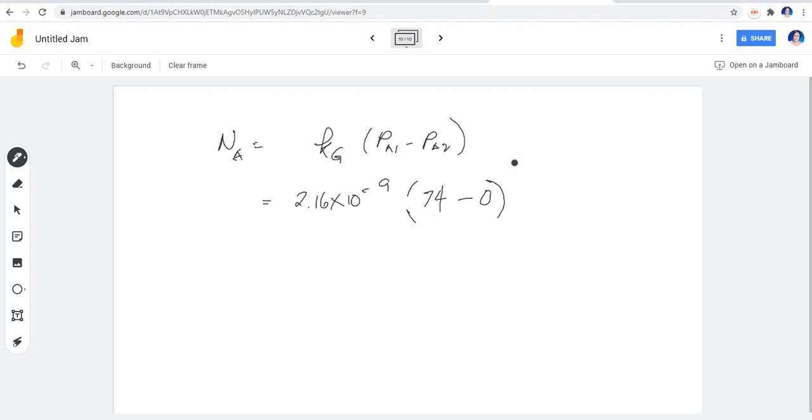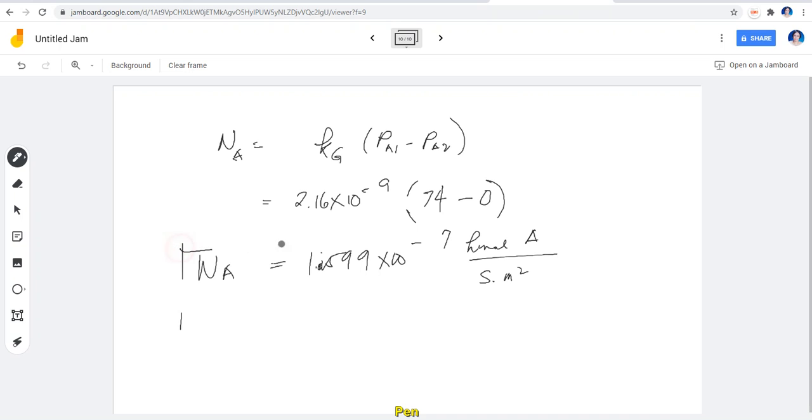Although actually it's not 0, but it's very near 0 because it's very dilute. So your molar flux here is 1.599 times 10 raised to negative 7 kilomole naphthalene per second per meter squared.